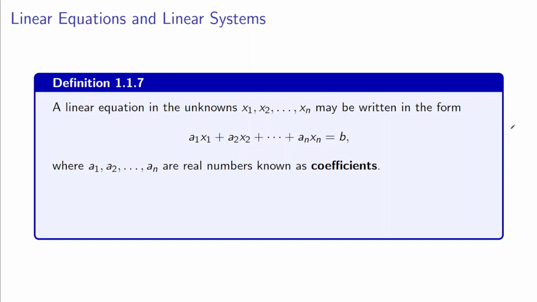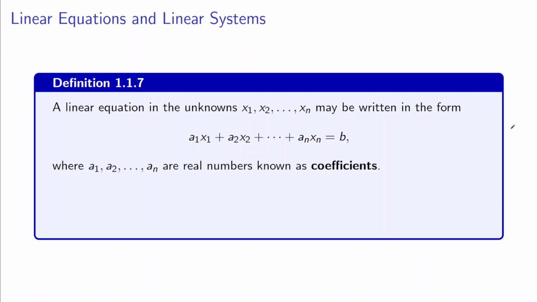Notice that we've got a bunch of variables. Here we're calling them x1 through xn, but those can be called x, y, z, or whatever we want, depending on the problem. And we've got, possibly multiplying them by coefficients, adding them together, and then setting them equal to some other constant real number b.